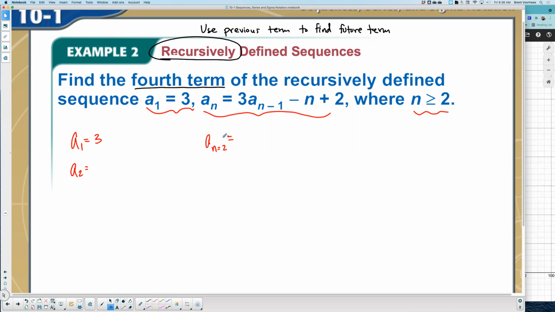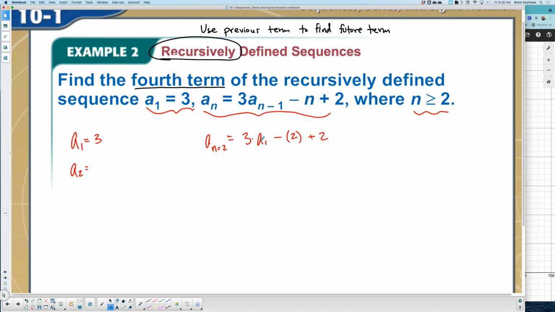If n is 2, then this will be 3 times a sub 2 minus 1. This would be saying, what if n is 2, what's n minus 1 going to equal? A1. So it'll be A1 there, minus the n. What do we say n is? 2. I'm going to substitute parentheses, plus 2 more.